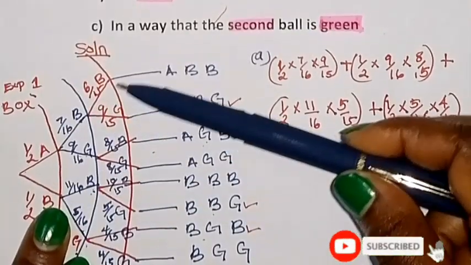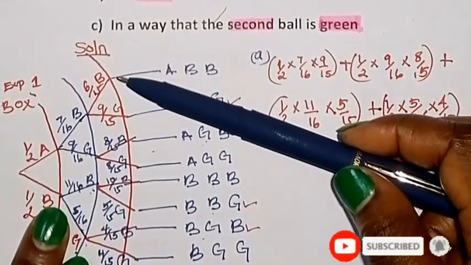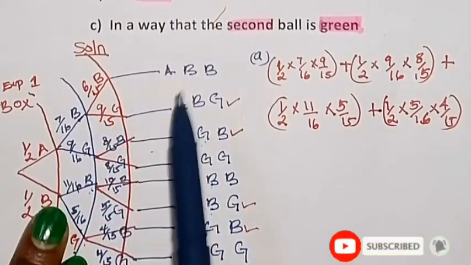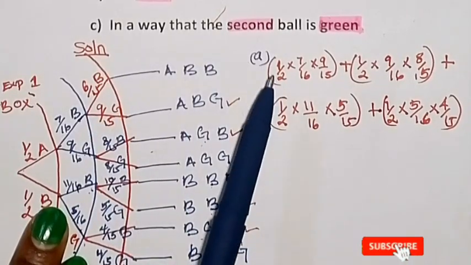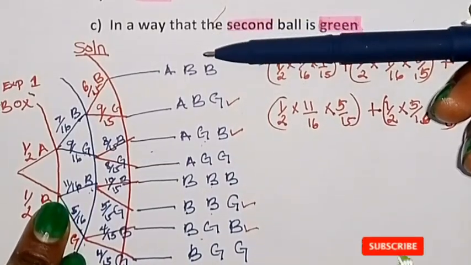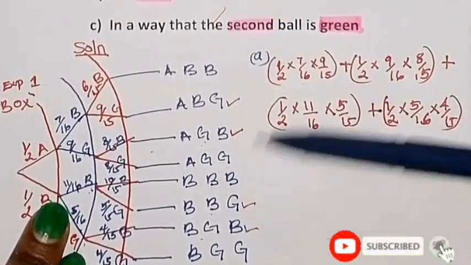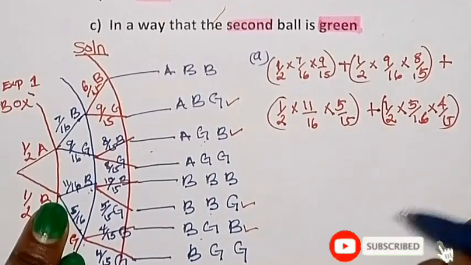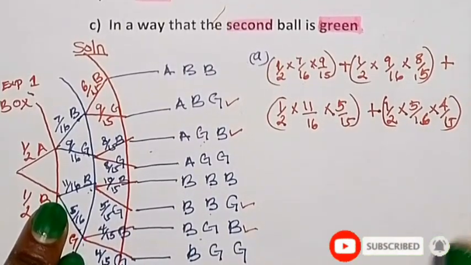Along the branches of the tree, we are going to multiply this event because they are independent events. So on this other side, we are going to add because they are mutually exclusive events.